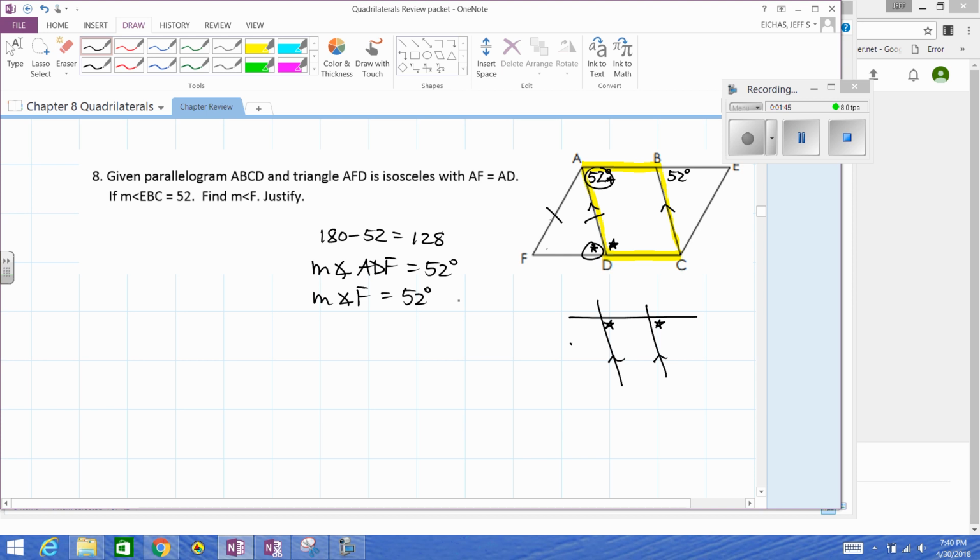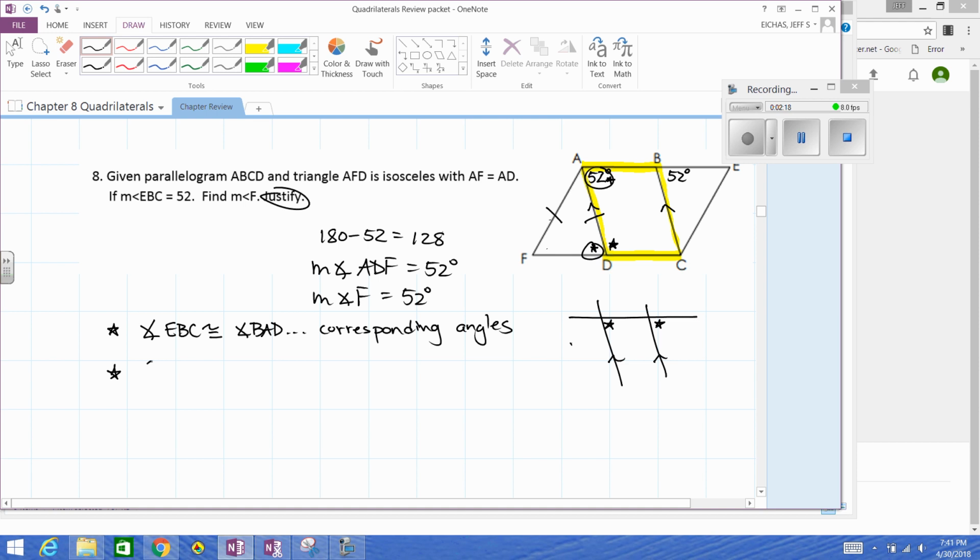Okay, so let's go through the justification just to make sure that I don't lose credit anywhere. Angle EBC is congruent to angle BAD, corresponding angles. Now, I don't have to have a full-on proof for this because I'm just justifying, so I don't have to go into great detail. Just why did I use them as congruent?